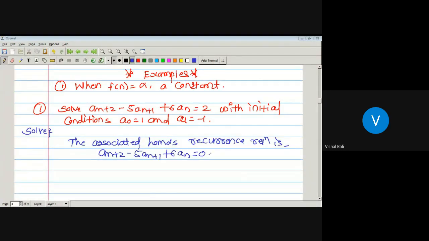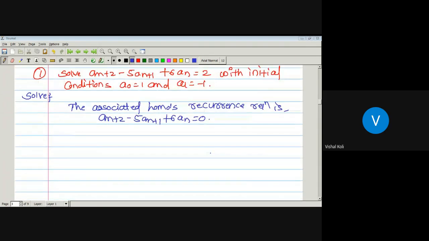Since we have to make the non-homogeneous recurrence relation homogeneous, we keep f of n as 0. Now it is a homogeneous recurrence relation with constant coefficients and of order 2.